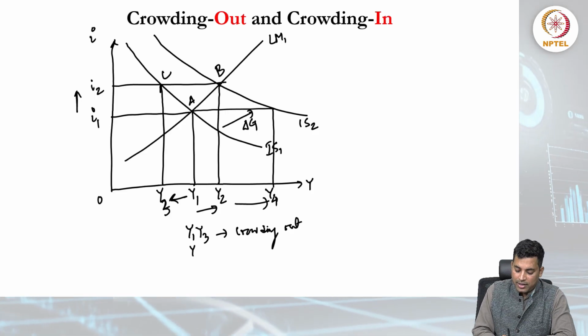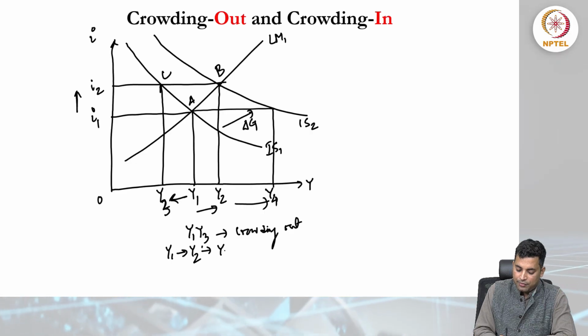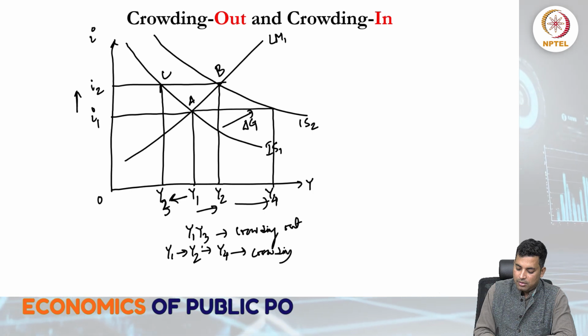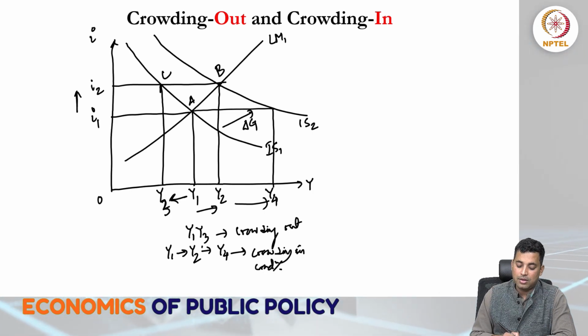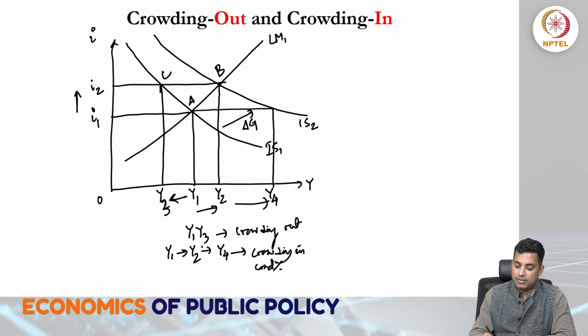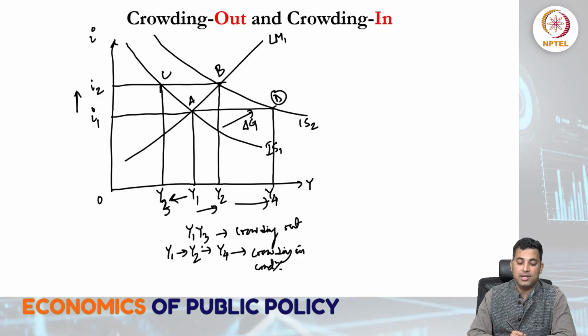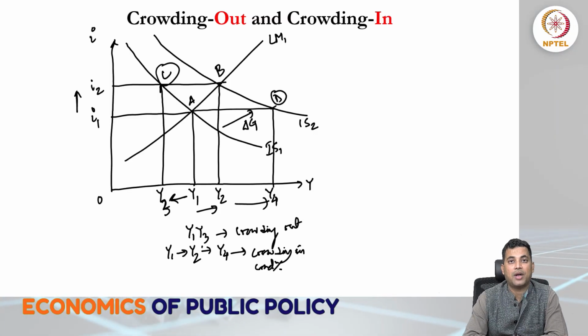So Y1 to Y2, then Y2 to Y4 is basically crowding in conditions. So here another point is D. Point D is crowding in conditions, and point C is the crowding out conditions.